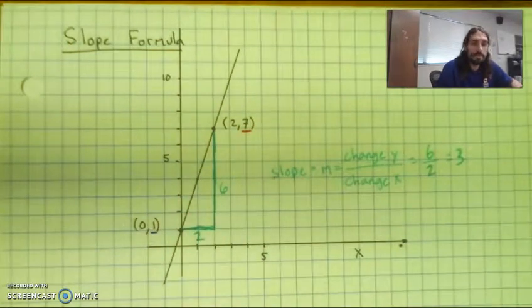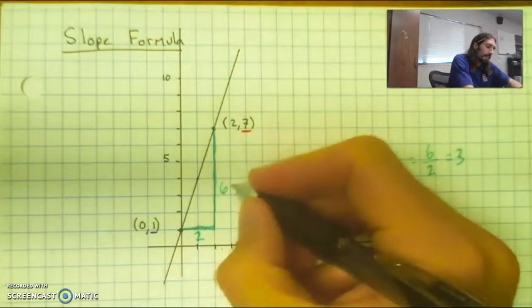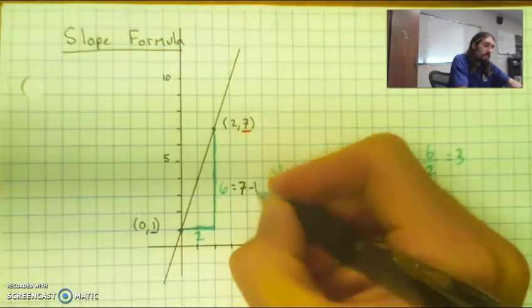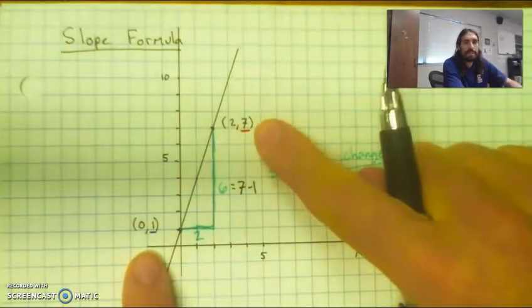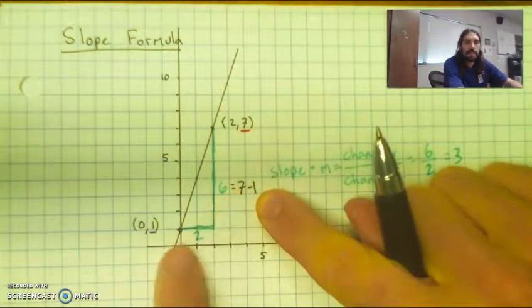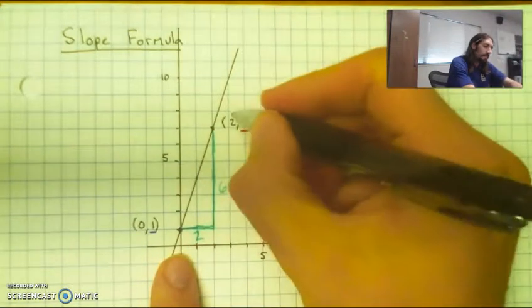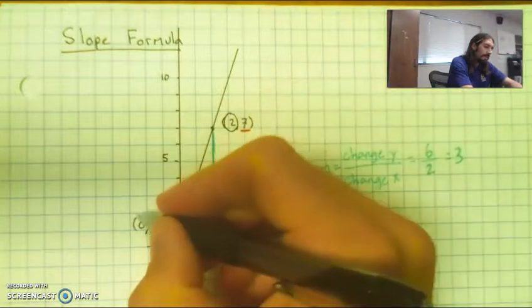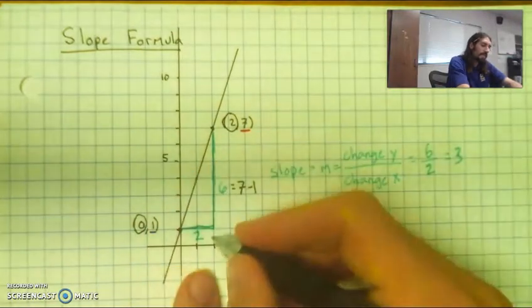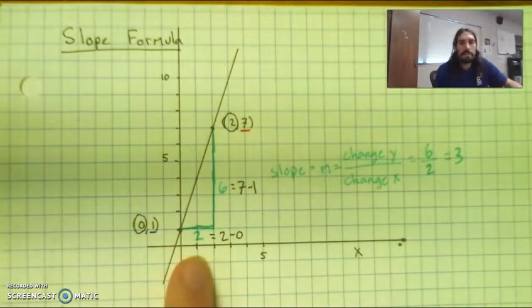If you look at those two values right there, this 6 is coming from the fact that 7 minus 1 is 6. We're subtracting the two y values in order to get our 6. It's the same for our 2 right here. This 2 is coming from the x coordinates and is coming from 2 minus 0 equals 2.